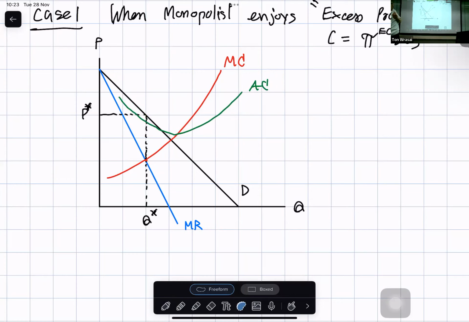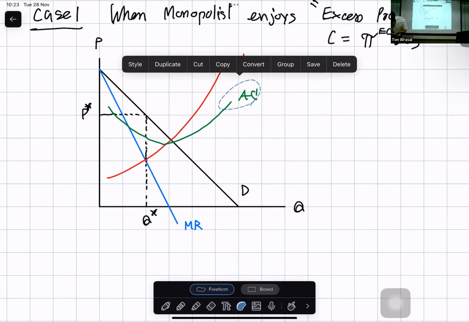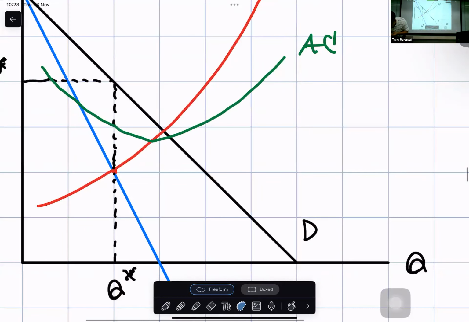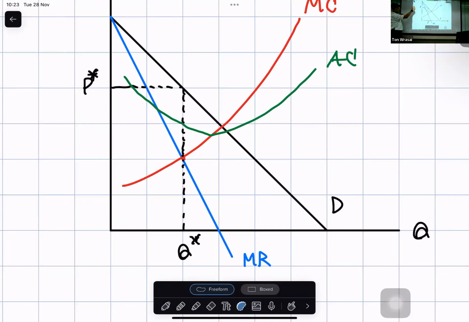This already shows it. Let's make it more obvious. Maybe here then. I place it here. Now we can read, when he produced Q star, the cost per piece, the unit cost, hits here.